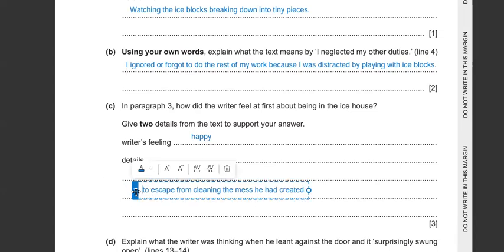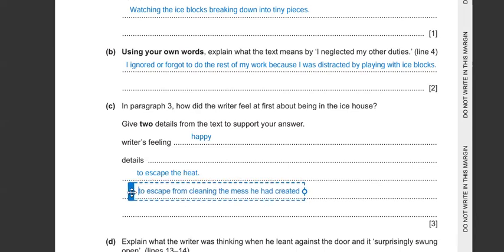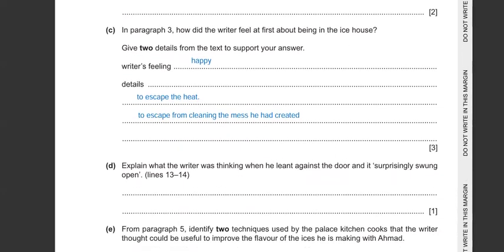So in this way, you're going to answer with the two particular details to support the feeling that you have pointed out.